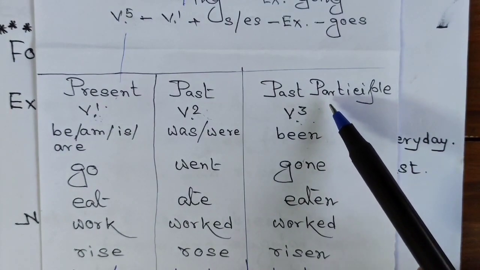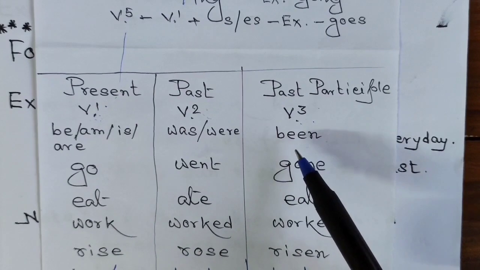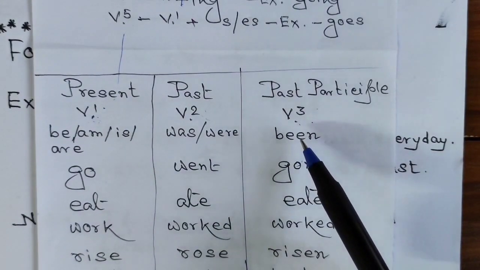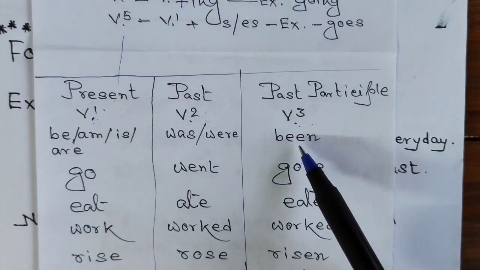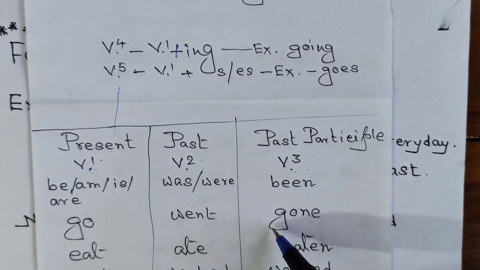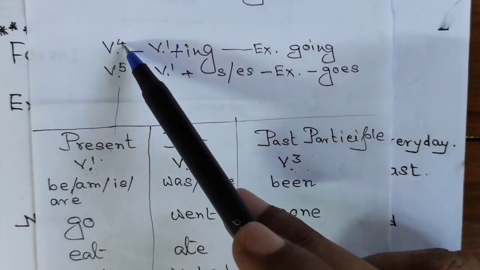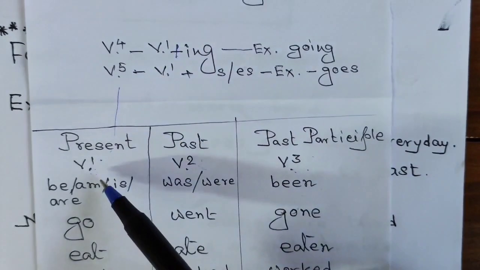Okay, all the verbs have these 3 forms, with the exception of a few modals, which I'll not talk about right at this moment. Now I would like you to have a close look at the 2 other forms of verbs, V4 and V5. Now these 2 forms are the variations of the first form.